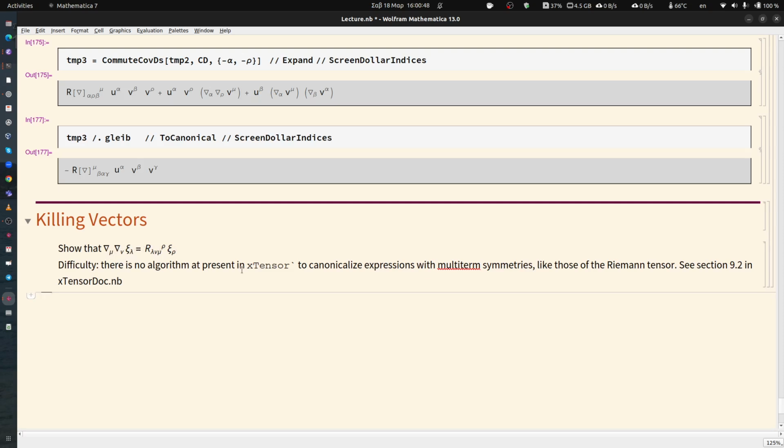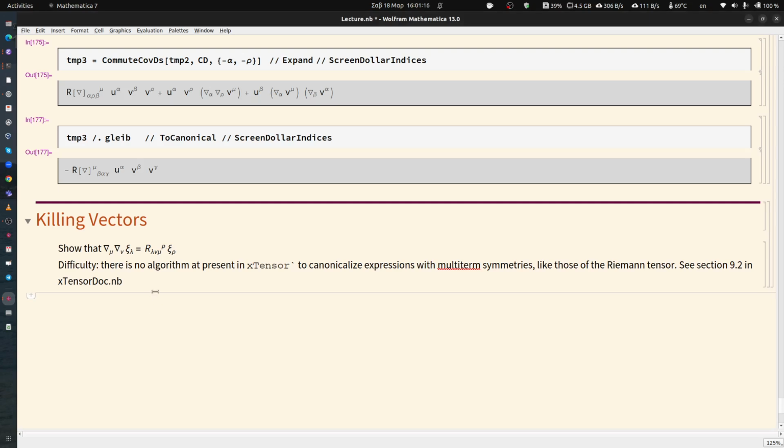Now, for that, you remember in this proof that we have to use multi-term symmetry properties of the Riemann tensor. And let's see how to work with that.